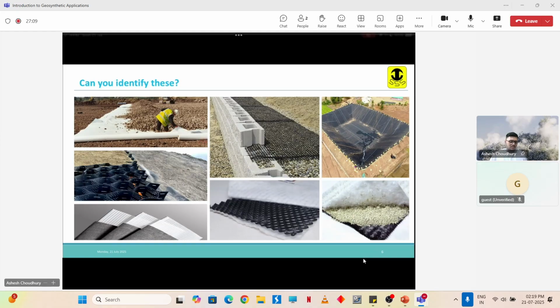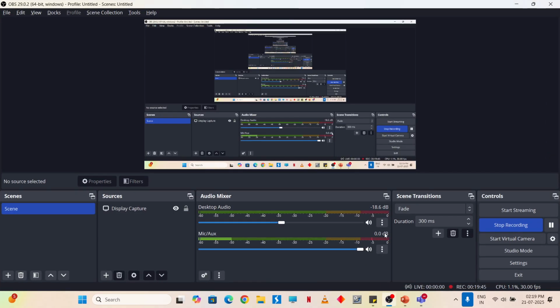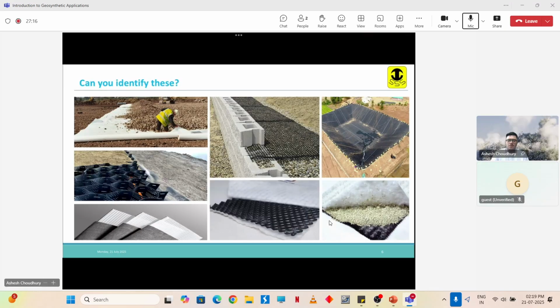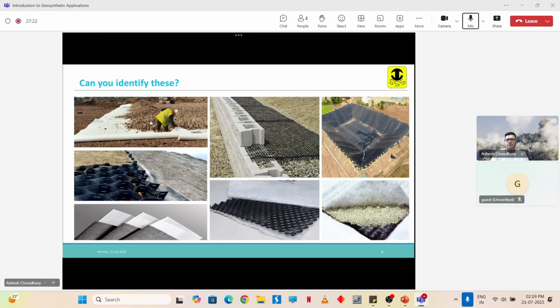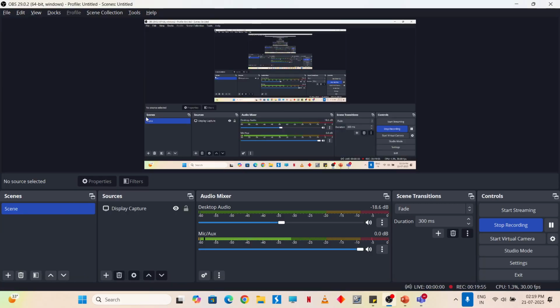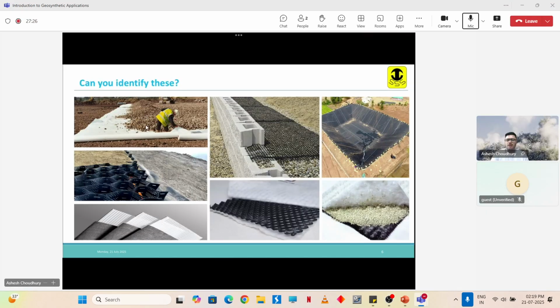So the first thing that we see here, this white sheet over which we have placed some gravel, this thing is the geotextile.